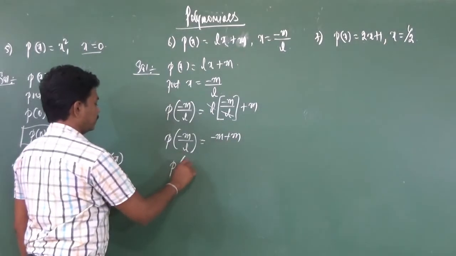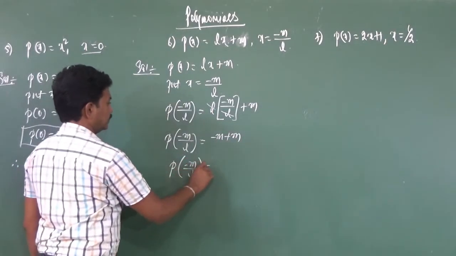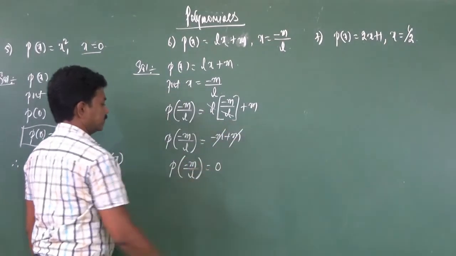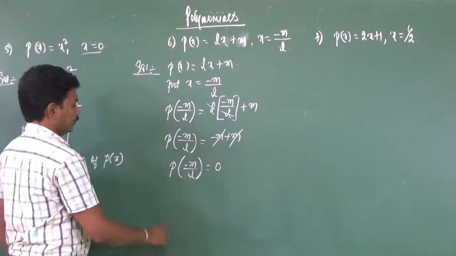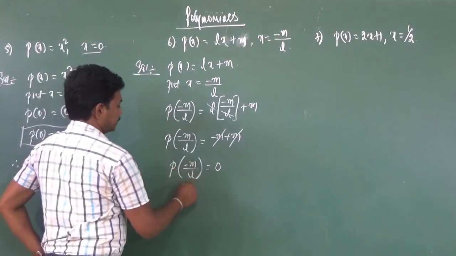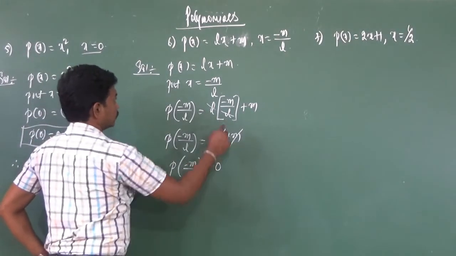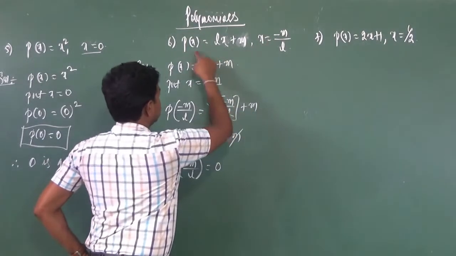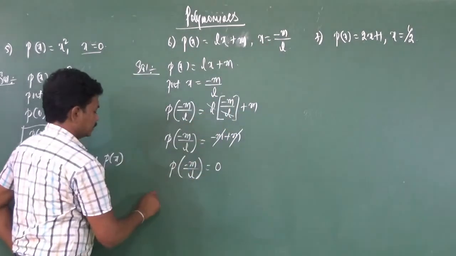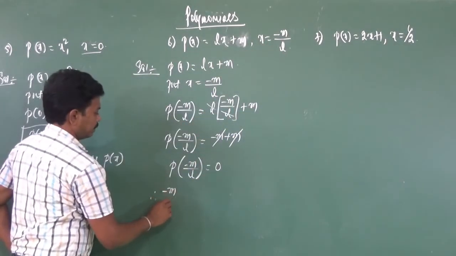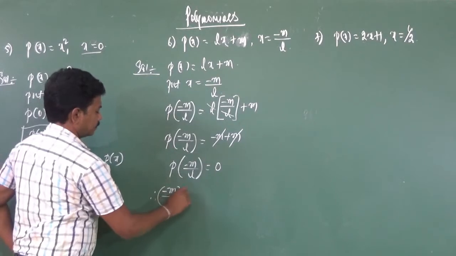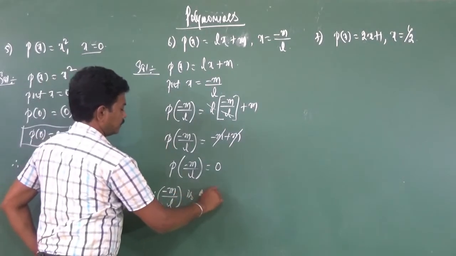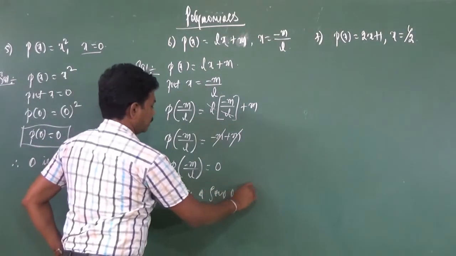So p of minus m by l is equal to minus m plus m cancels, it is equal to 0. So therefore, as p of minus m by l has become equal to 0, minus m by l is a 0 of this polynomial. So therefore minus m by l is a 0 of p of x.